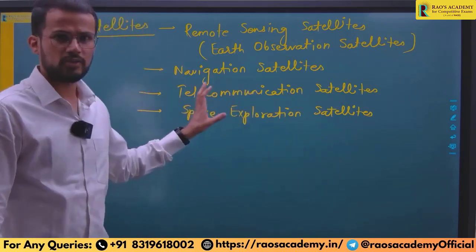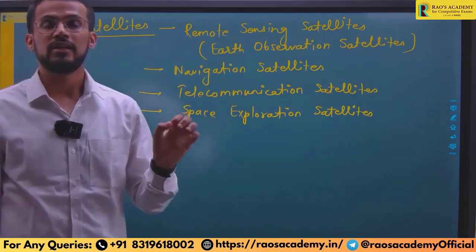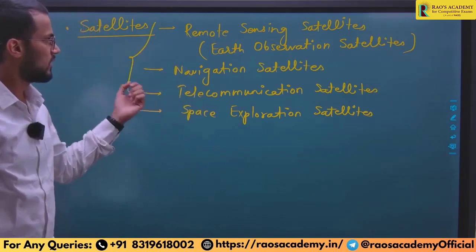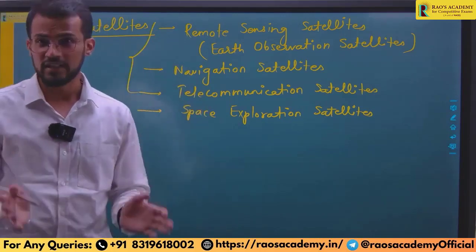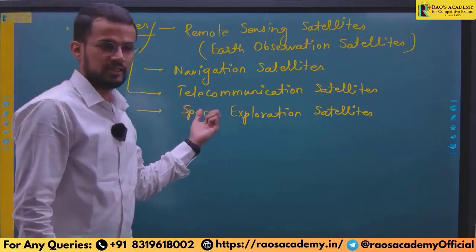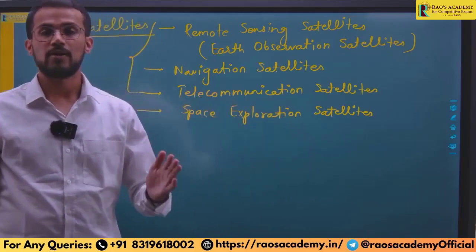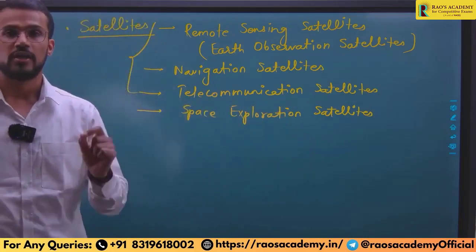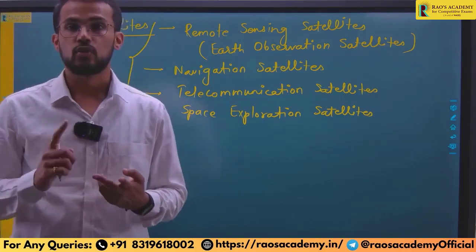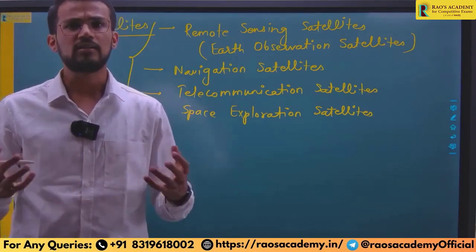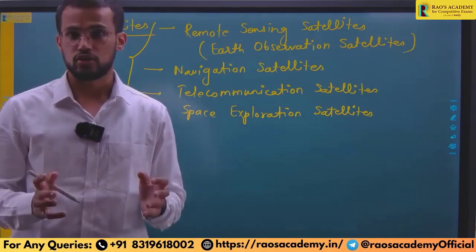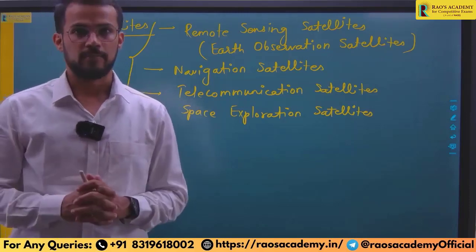When we study satellites, the prime focus should be on Indian satellites, especially these three: remote sensing, navigation and telecommunication satellites of India are important from the exam's perspective. But in the fourth category, space exploration satellites, apart from satellites launched by ISRO, it is also important to know more about satellites launched by NASA, the European Space Agency, and other important space agencies like the China National Space Administration, Roscosmos, JAXA, etc. Why?